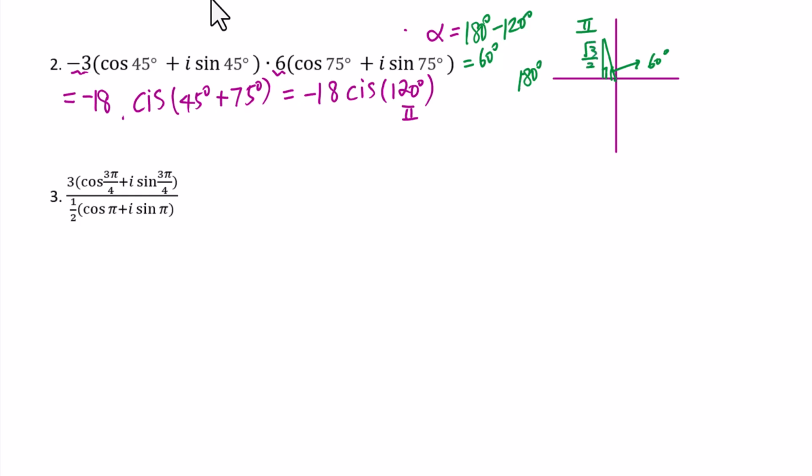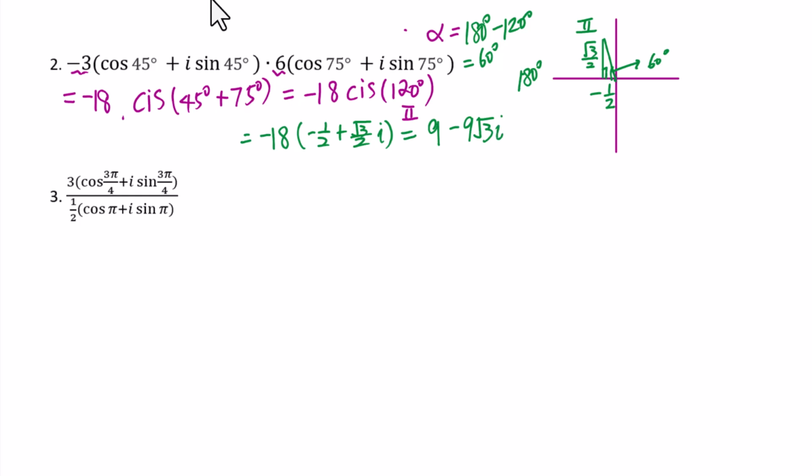Shorter leg is negative 1/2. So we get negative 18 times (negative 1/2 plus square root of 3 over 2 i) equals 9 minus 9 square root of 3 i.